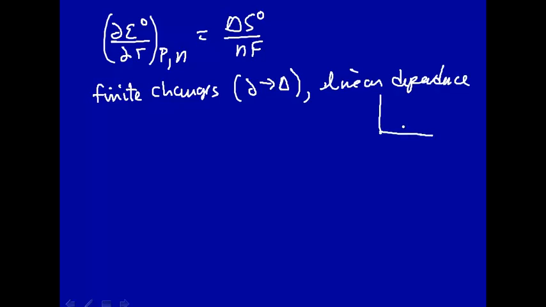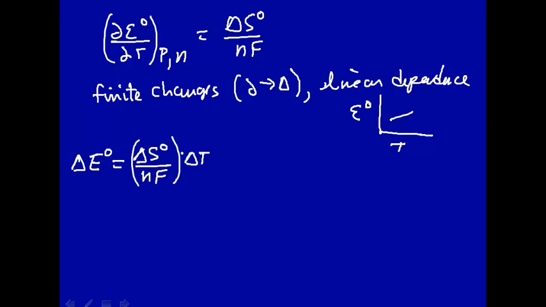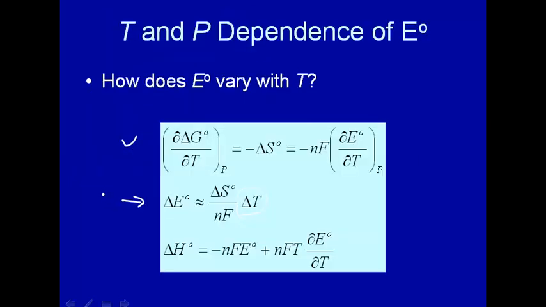If we plot E0 versus T, we'll get a straight line. In that case, we can just replace these with deltas. So you measure E0 at one temperature and calculate another temperature. That will just be the entropy change over NF times delta T. So if you know E0 at one temperature, you can calculate E0 at another temperature approximately, where we assume we have a linear dependence of E on T.